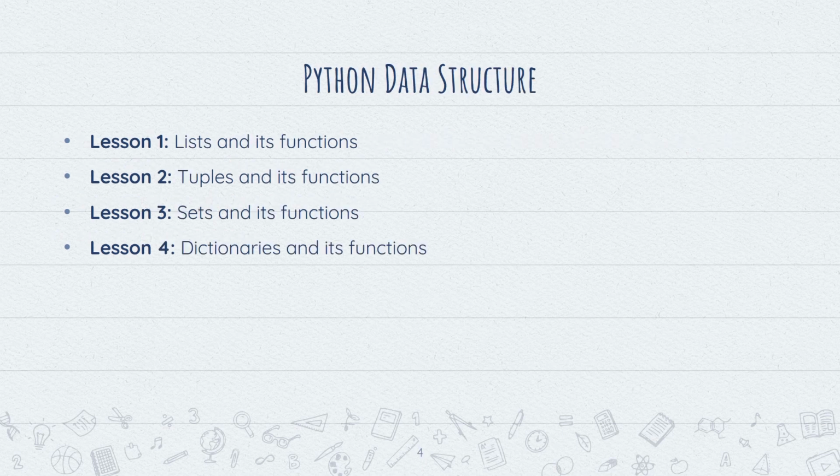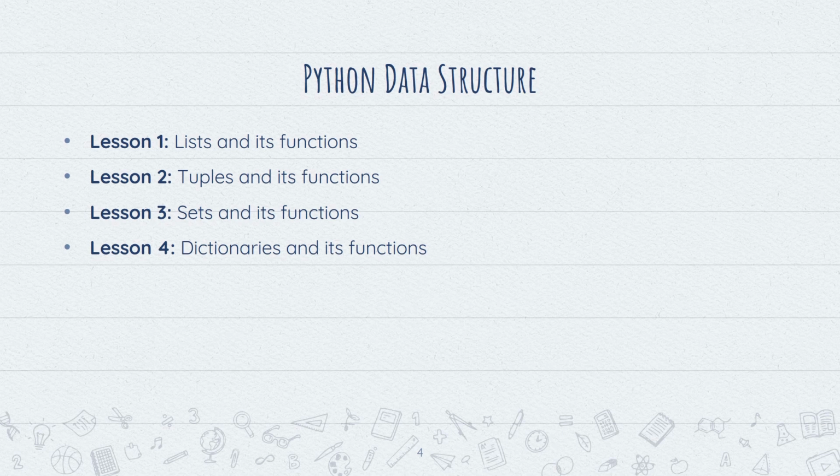Moving on to our next module, that is Python data structure. It has 4 lessons, and they are lesson 1, list and its functionalities. We'll discuss different functions that we can use in list and what a list is and few programming bits of list. And lesson 2 is tuples and its function. Same like list, we'll learn its functionalities and programming bits of tuples.